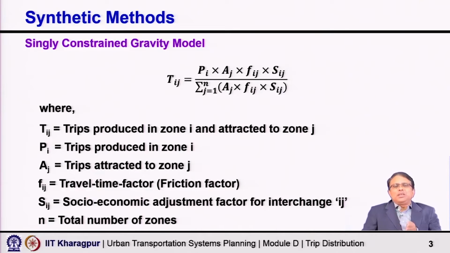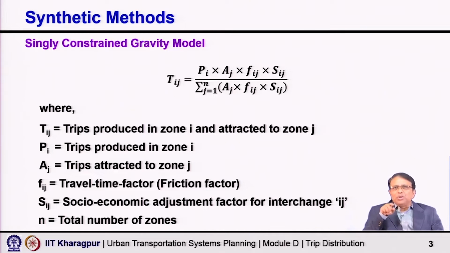In that equation, if you sum it over j, it will not give you Pi, but if you sum it over i, it will give you Aj, because it is Aj multiplied by Pi Fij divided by the sum over all i of Pi Fij.